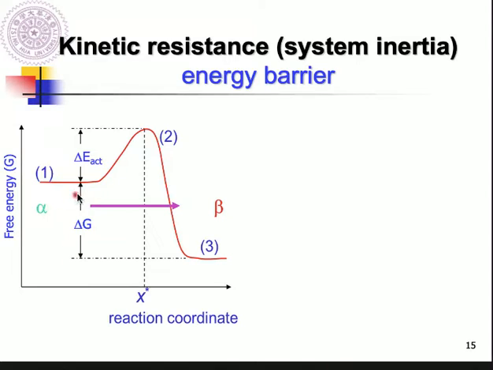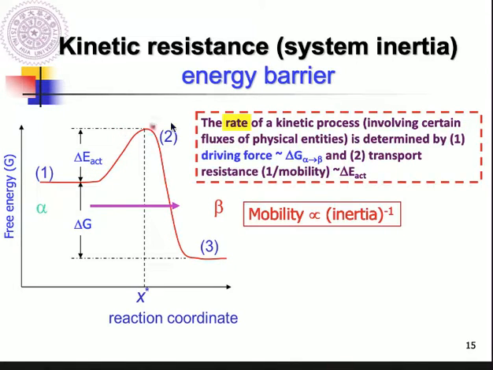Based on the thermodynamics, we can observe this reaction will definitely happen, because alpha converted to beta, the delta G is negative. And how fast it happens depends on the activation energy or the energy barrier here, right? So the rate of this phase transformation is determined by what?